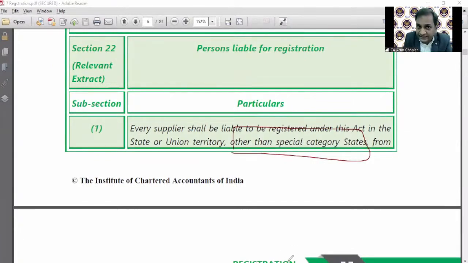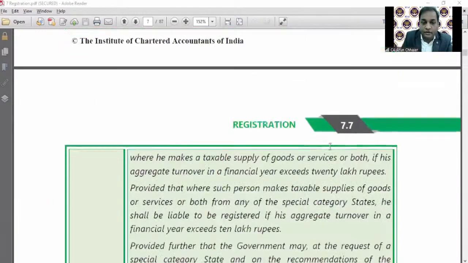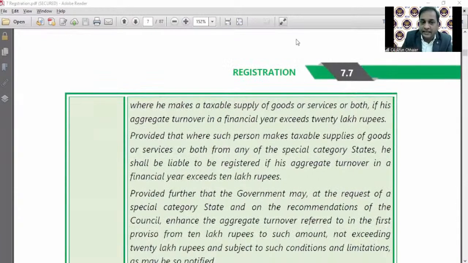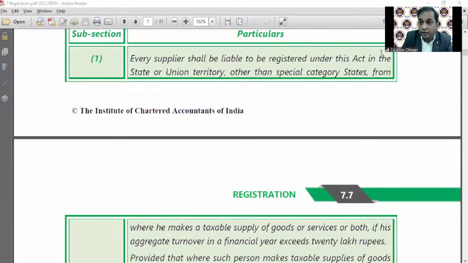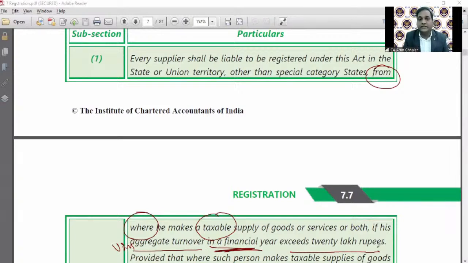Why other than special category state? Because the threshold limit is different. From where he makes taxable supplies. Point to be underlined: from where he makes a taxable supply, if his aggregate turnover in a financial year exceeds 20 lakhs.